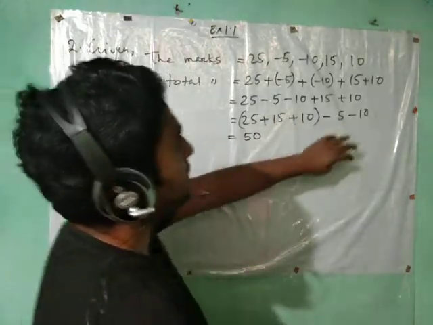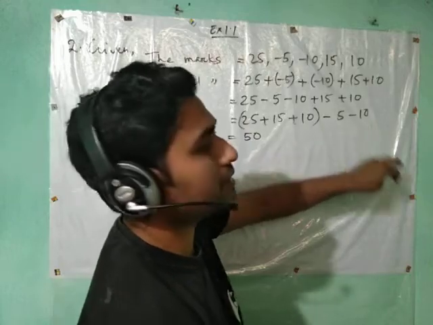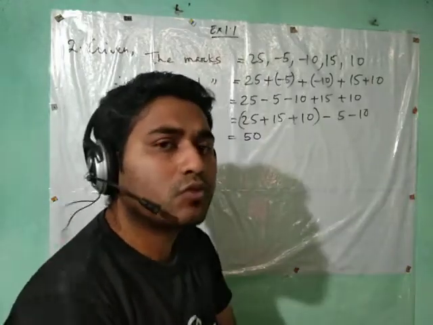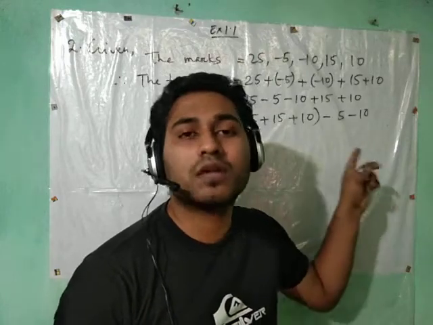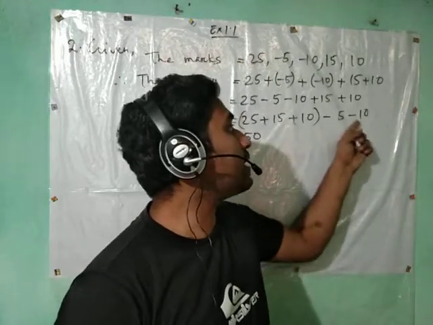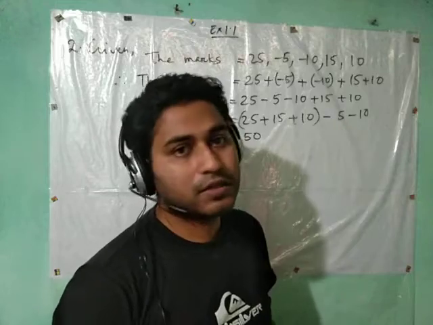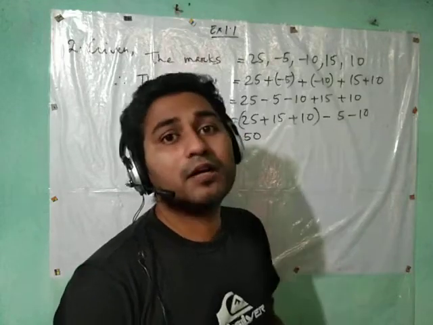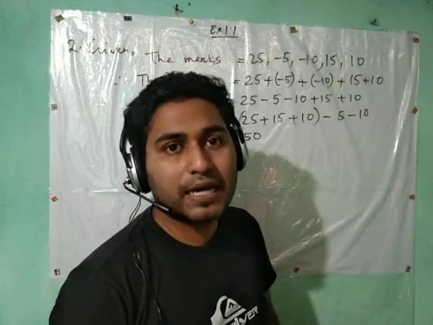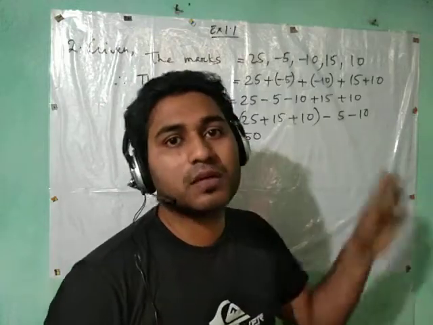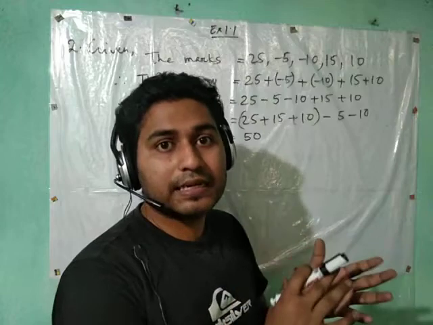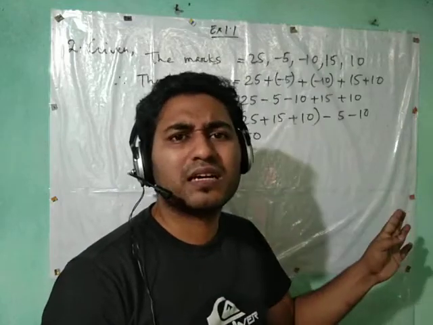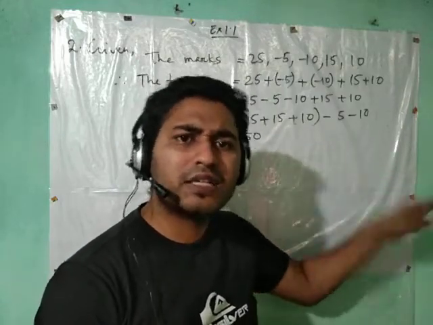Now look here. This is -5, this is -10. In the previous class, I told you that minus means bad, something is bad. Here both are bad things. So the first is a loss of 5 and the second is a loss of 10. When we add both together, everything will be negative only.